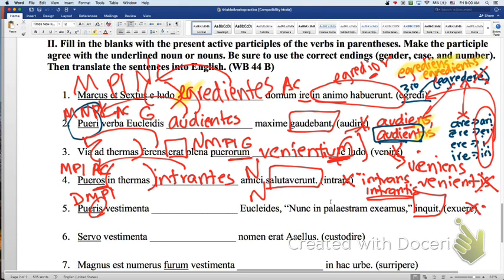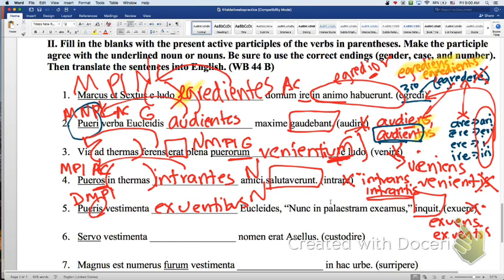Okay, so it's going to be exuentibus, right? What does that word mean? Leaving?